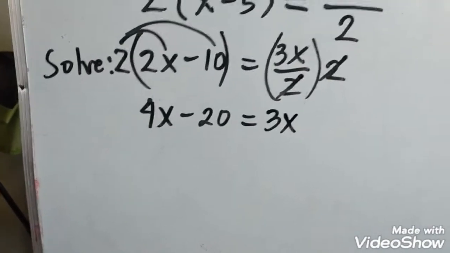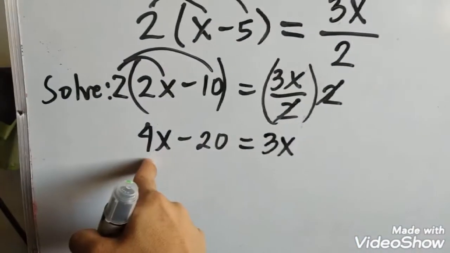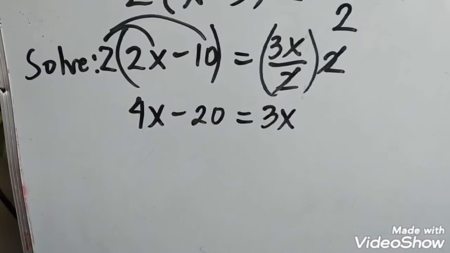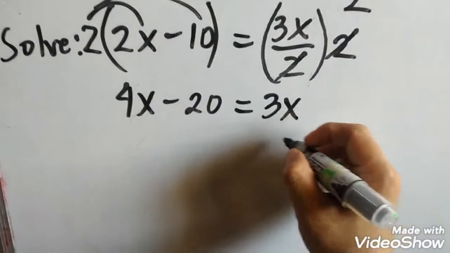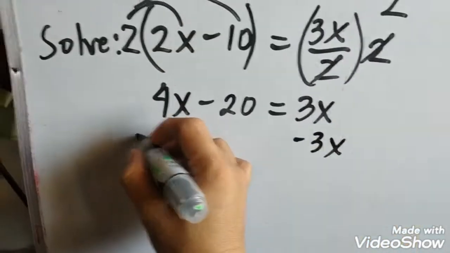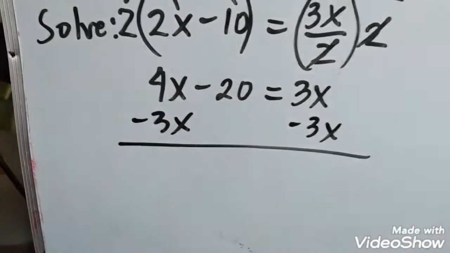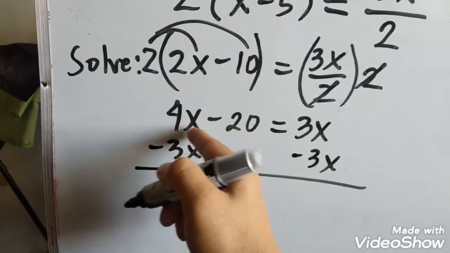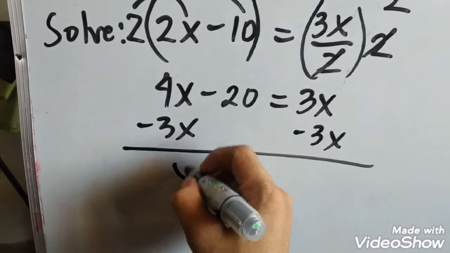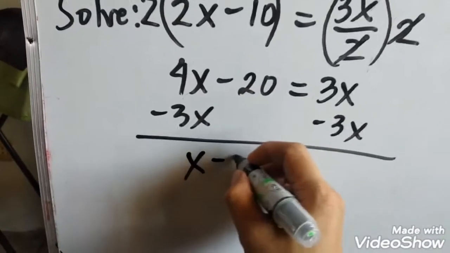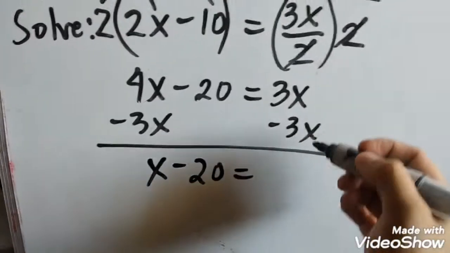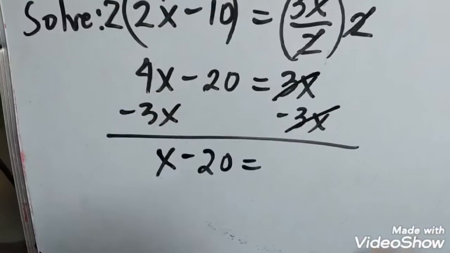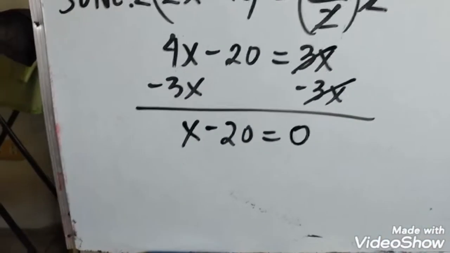Now, to solve for the value of x, we need to equate the equation to 0. So we subtract 3x on both sides of the equation. Since they are similar, 4x minus 3x is equal to x. Minus 20 is equal to, since 3x minus 3x is cancelled out, 0.